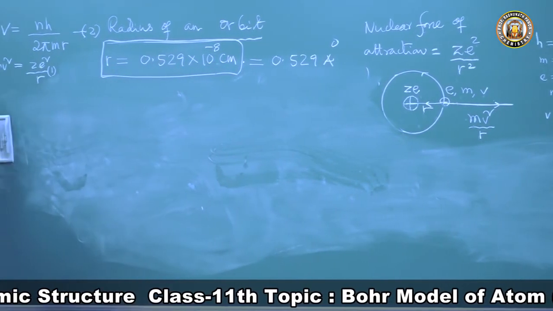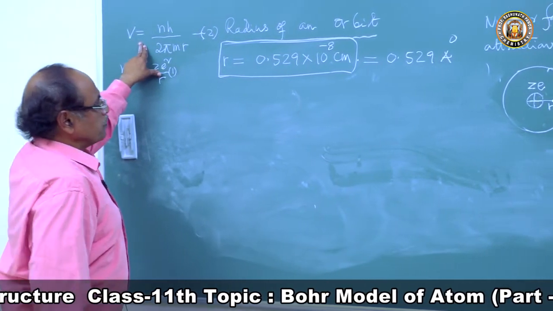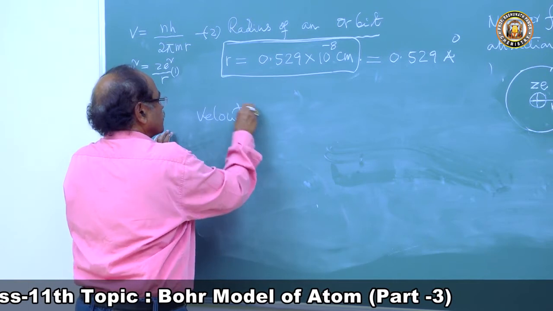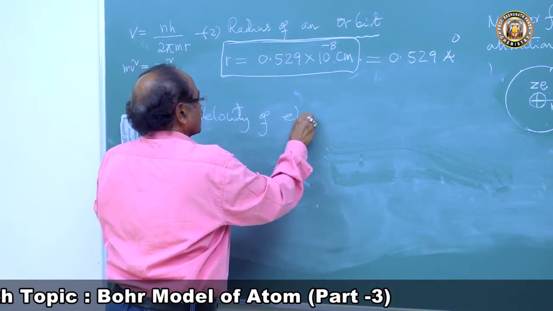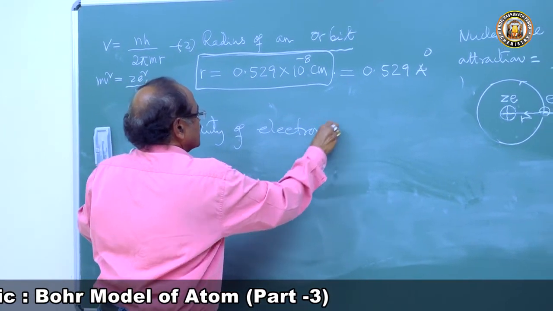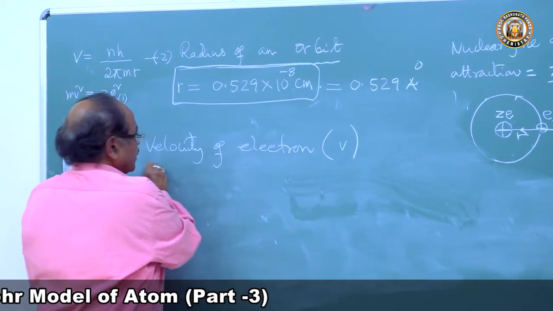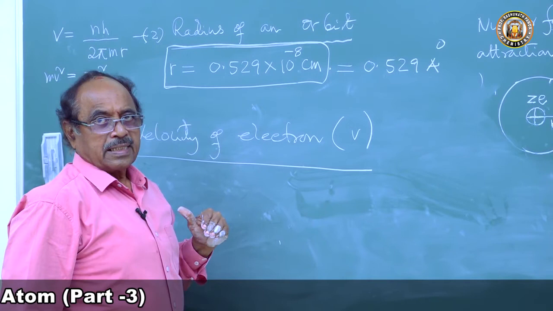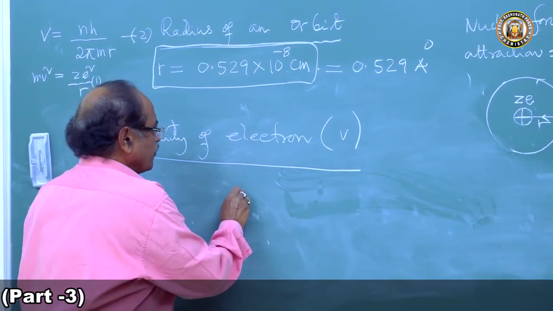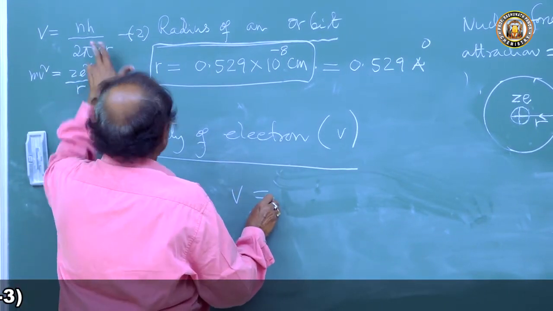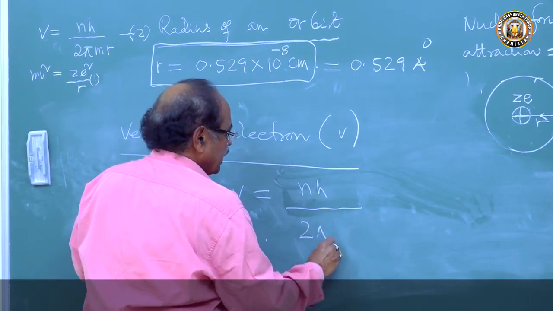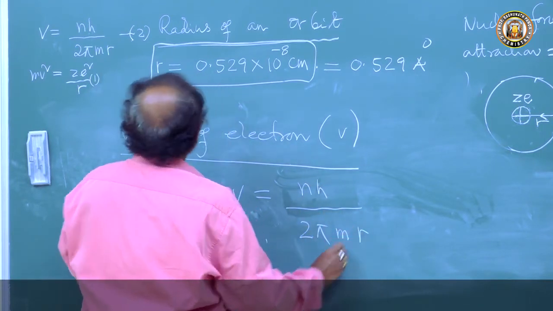So what is the equation for velocity? Now we will calculate the velocity of electron V of hydrogen atom in the first shell. So what is V? Now V will be equal to nh by 2 pi m r.